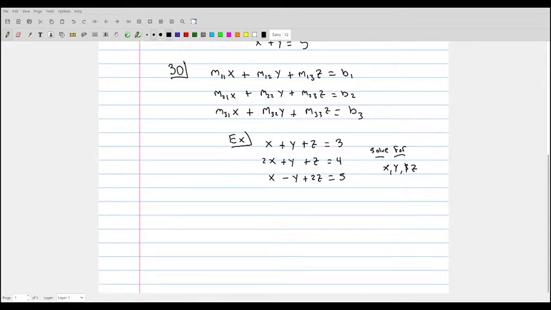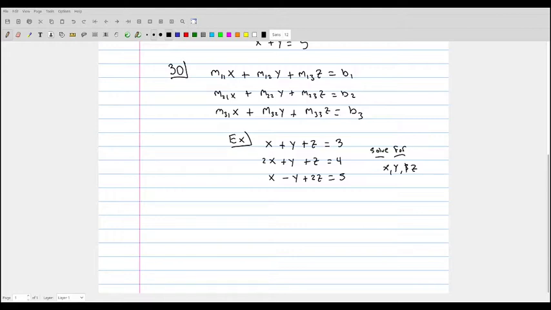So the idea is that there are two relatively basic methods that we'll first go over, called substitution and elimination. And really, you can use substitution and elimination for systems of three equations, systems of two equations, really systems of any number of linear equations. But they're only very convenient for systems of two equations and sometimes systems of three equations if the coefficients, the m values, work out nicely.